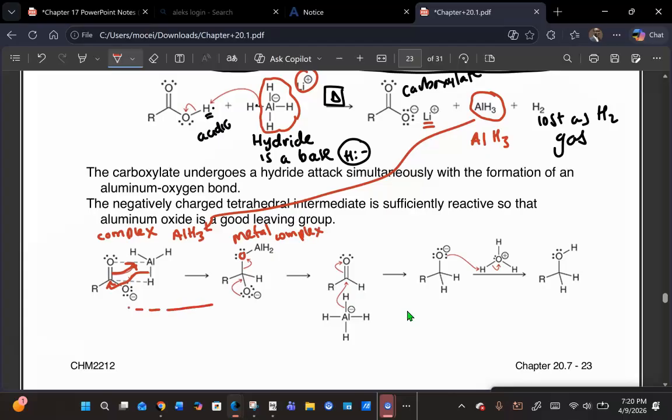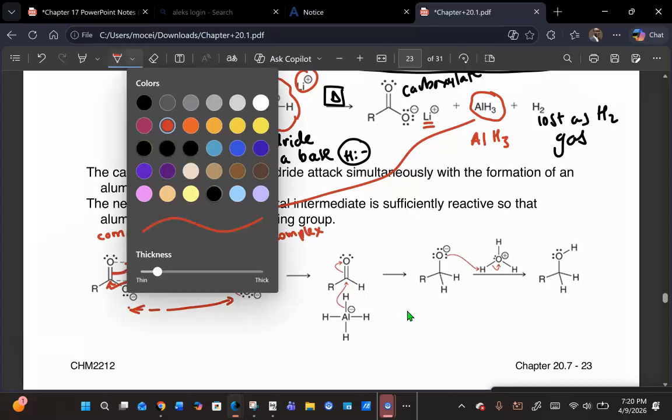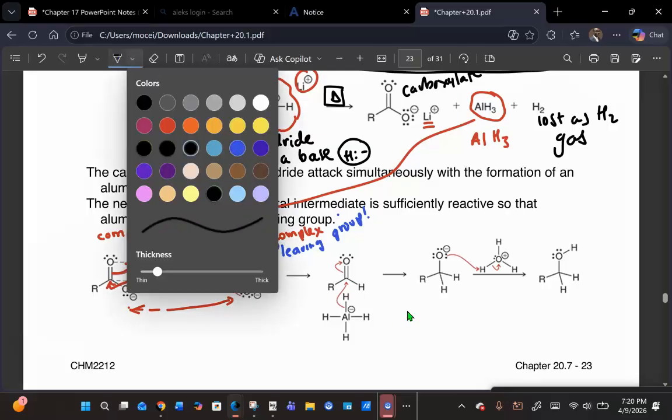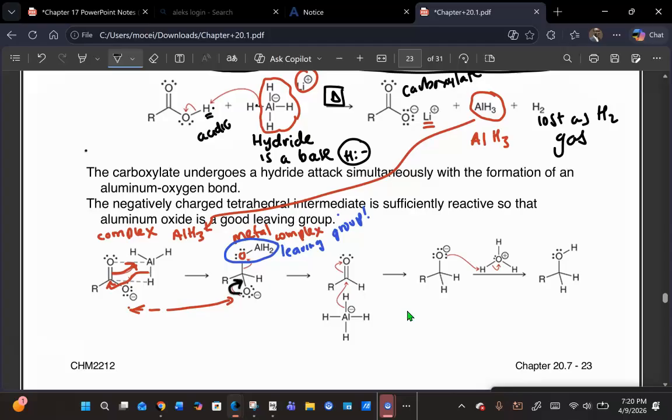The oxygen is still there. And now you can lose that aluminum complex as a leaving group. So the O minus goes in and the oxygen aluminum complex falls out. We get an aldehyde, and then from there the story is easier.